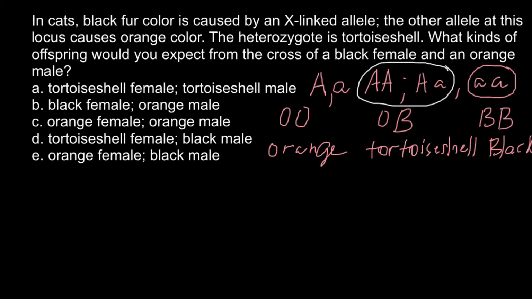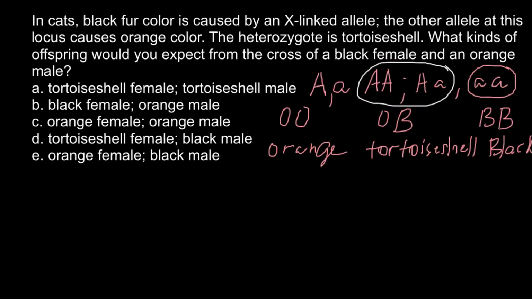So why do we have three genotypes and three phenotypes here? This might happen in two cases. The first is incomplete dominance, where we would use a dominant and a recessive allele, with homozygous dominant, heterozygous, and homozygous recessive, but the heterozygous would make a color intermediate between the other two.